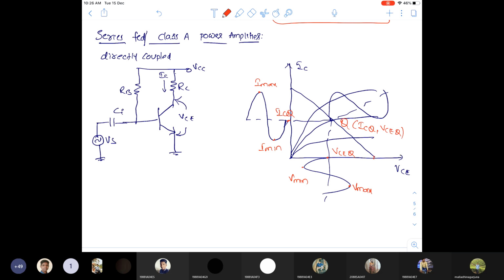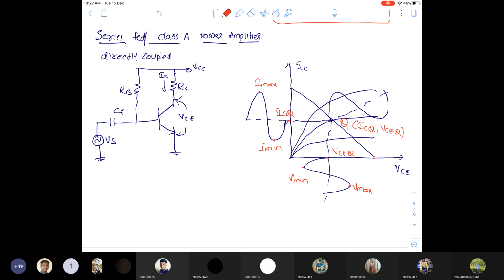Now coming to the circuit diagram, it's a simple CE amplifier. It is like a fixed bias.